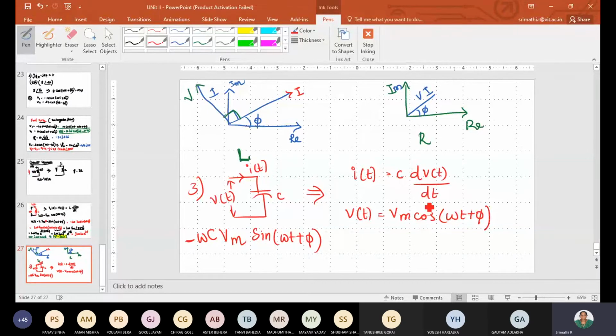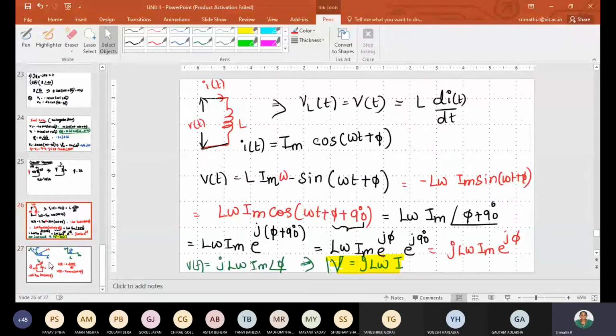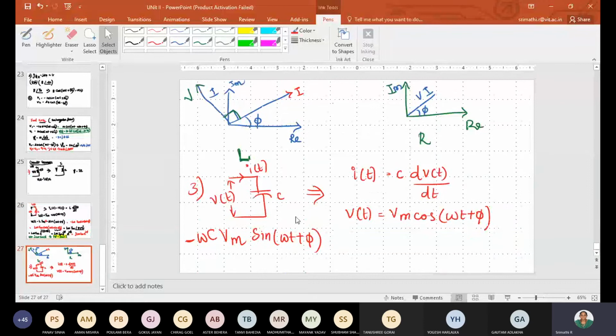Is it okay? Yes, ma'am. Now we have to change this sine to cos, which you have done already. So it is omega C Vm cos of omega t plus phi. I am directly writing because you already know the steps.